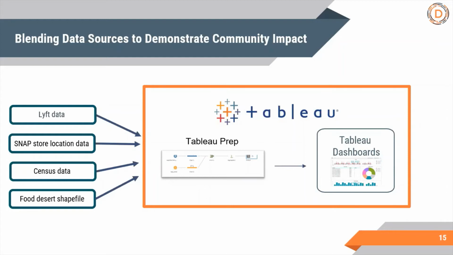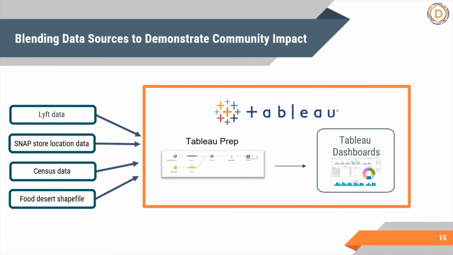Tableau is a business intelligence software that we use to analyze data and create visualizations. And so Milele provided the Lyft data set, the SNAP store locations, and then the food desert data set to help us get started.